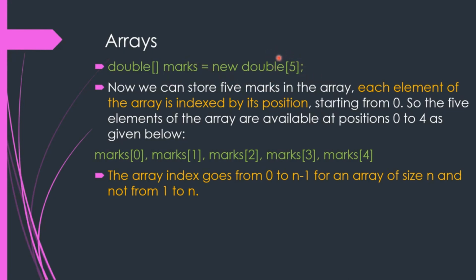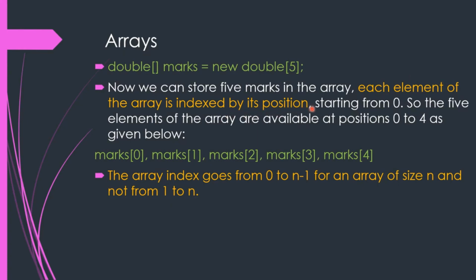Now we are going to talk about a very important concept that you should always remember, and generally a question is asked from this concept because many students get confused and sometimes give the wrong answer. So please understand it carefully and do not make any mistake in the questions. The concept is that each element of the array is indexed by its position.